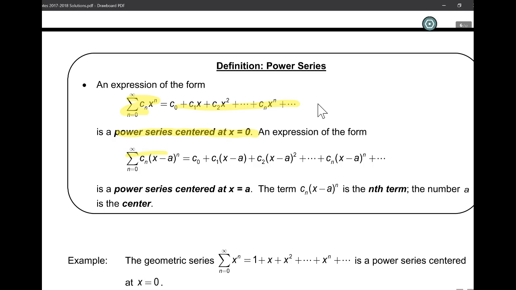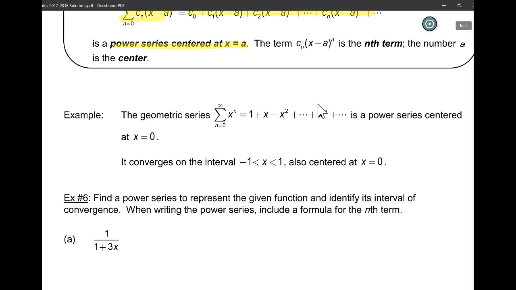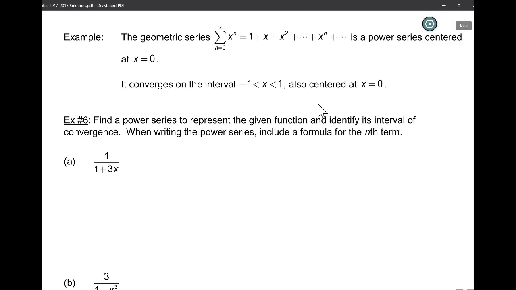And then if we have this x minus a, then we say the series is centered at x equals a. So again, like I said, geometric series is a specific type of power series. So this is the power series centered at x equals 0. It converges on the interval from -1 to 1, and it's centered at x equals 0.